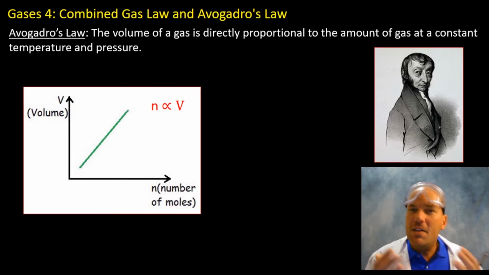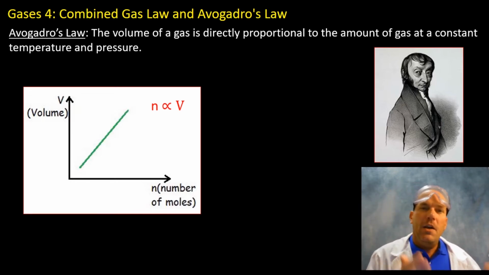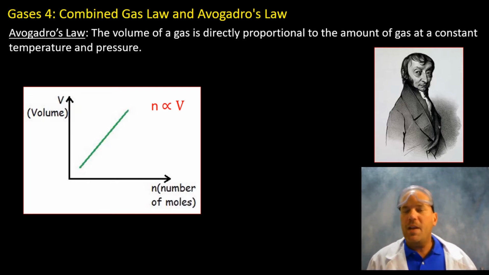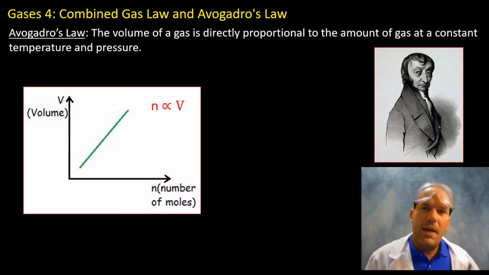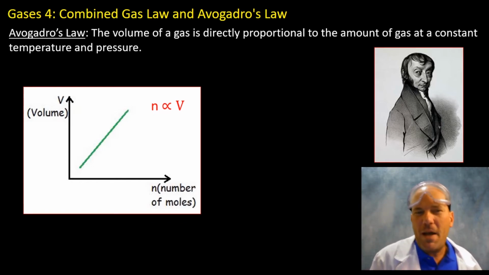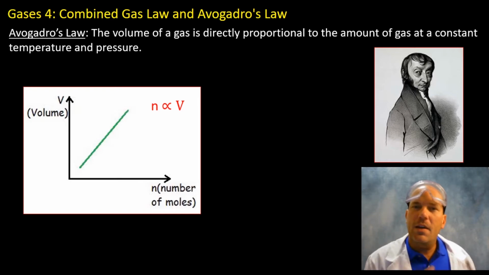And it's yet another example of where when we graph volume as a function of the number of moles, we get a slope that is constant and positive. And so what do we know about that from the discussion at the beginning of this video?